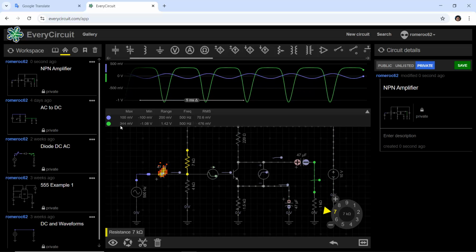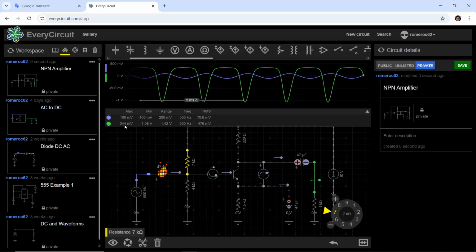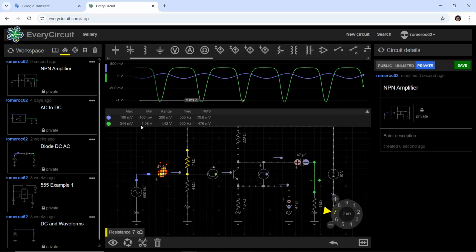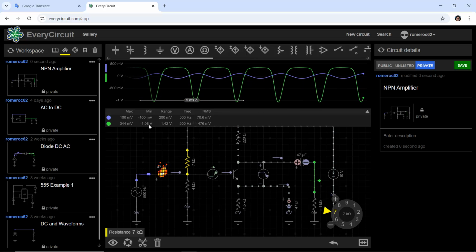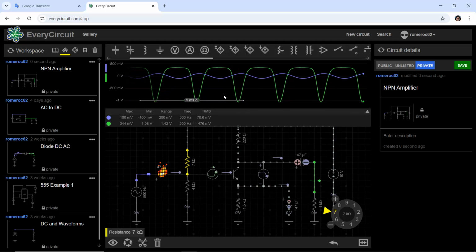But the output maximum value is 344 millivolts and the minimum value is about minus 1 volt. So the output does not look like a sine wave.